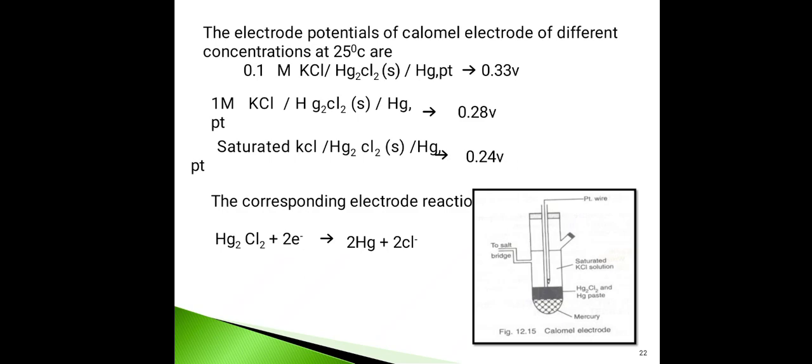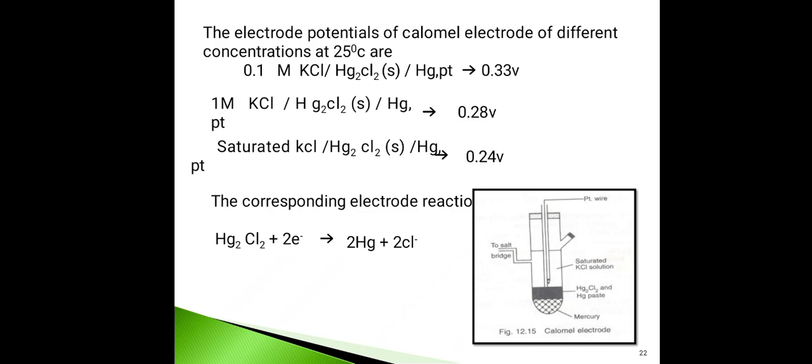It is represented as a 1 molar KCl calomel electrode with the electrode potential value of 0.28 volts, whereas the decinormal calomel electrode with a 0.1 M concentration of KCl has 0.333 volts, and the saturated calomel electrode has an electrode potential of 0.2422 volts.